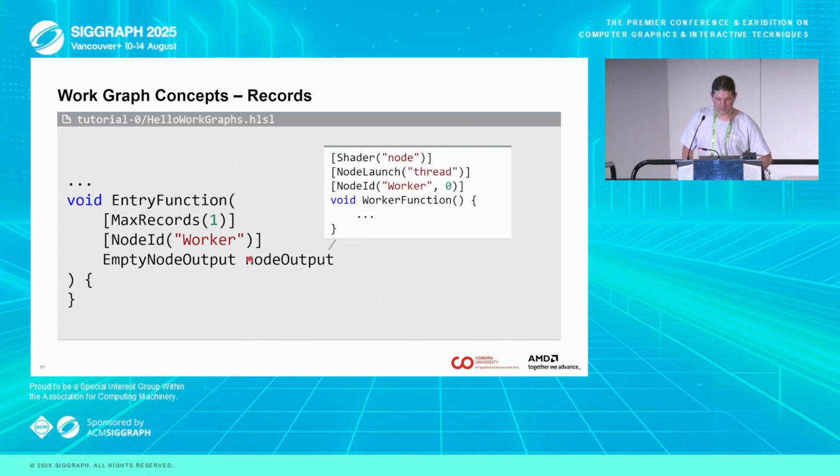So this is how these are connected. They're not automatically connected, like maybe a vertex and a pixel shader are with stages in between, but we have to explicitly say which compute shaders are connected here. And this is done by the node ID attribute.